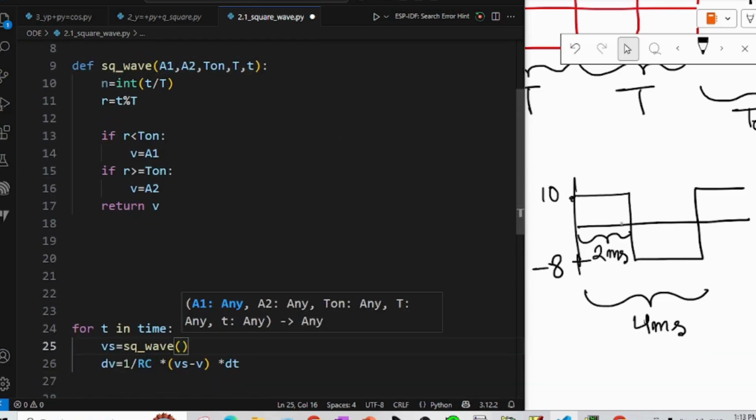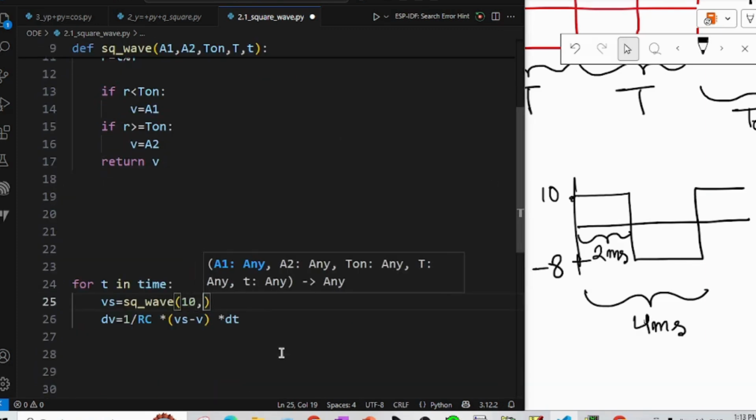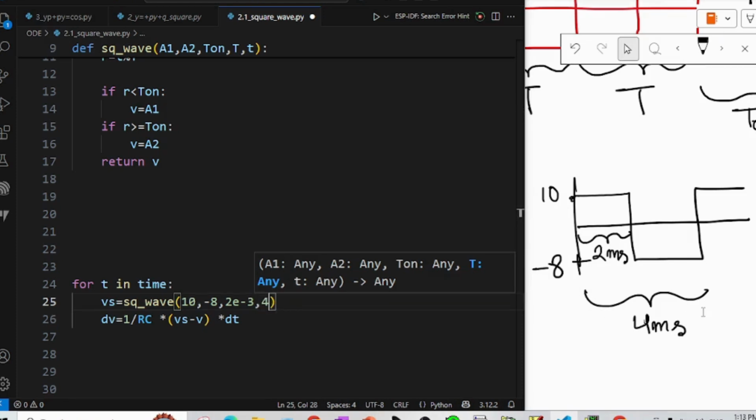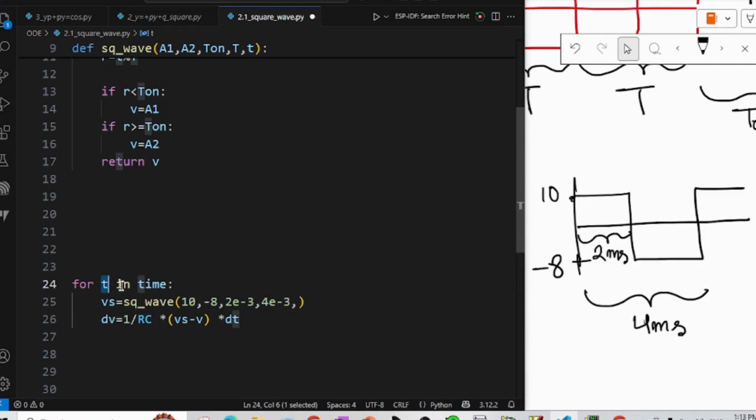First I have to send A1, so A1 is 10, A2 is -8, and then T on is 2 millisecond, and the total time period is 4 millisecond, and finally the time. I have to send a time here for which I want to know the voltage, so T. So what I have done, I make a BS and then I have found a small change in V.